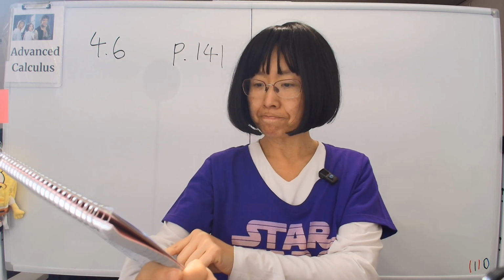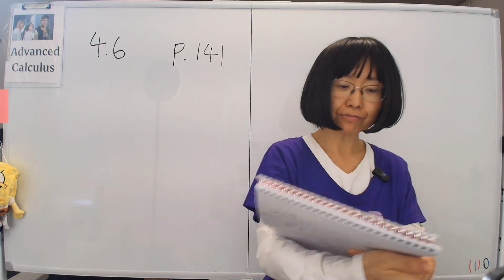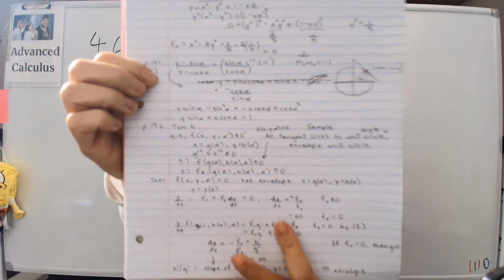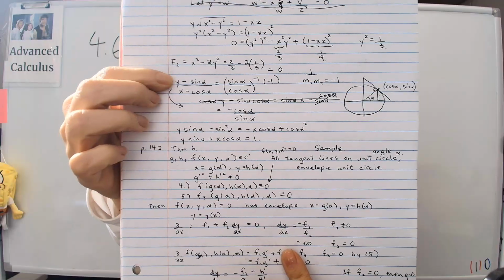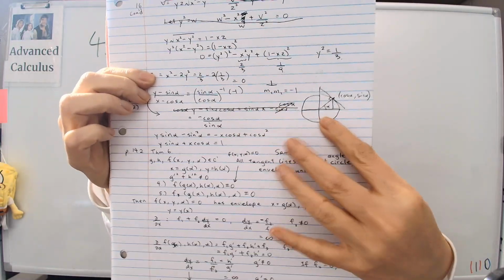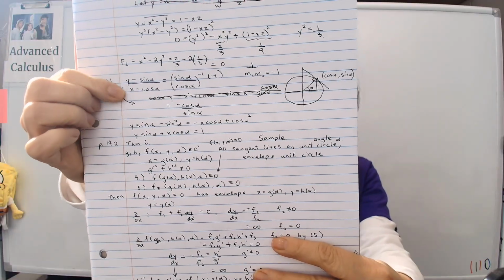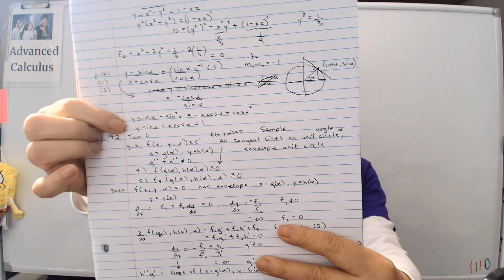First, let's calculate one particular tangent line. The equation of any specific tangent line that makes the angle, where the angle down here is alpha, would be, if you work it out yourself, something like this.